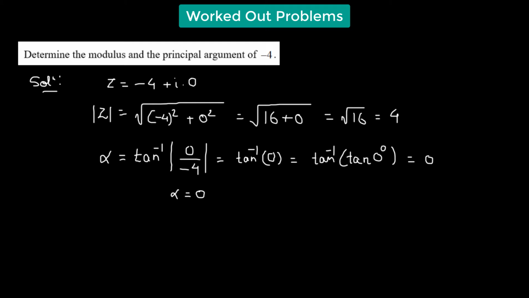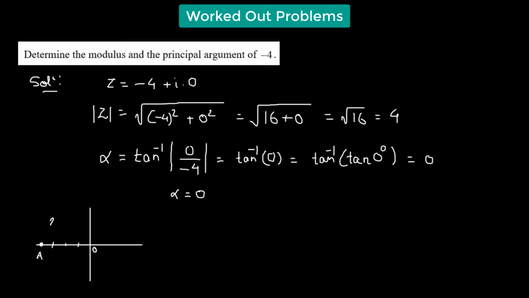But when we plot this complex number on the Argand plane, we have -4 on the real axis, and the imaginary part is 0, so our complex number will be OA. So the complex number lies in the second quadrant.